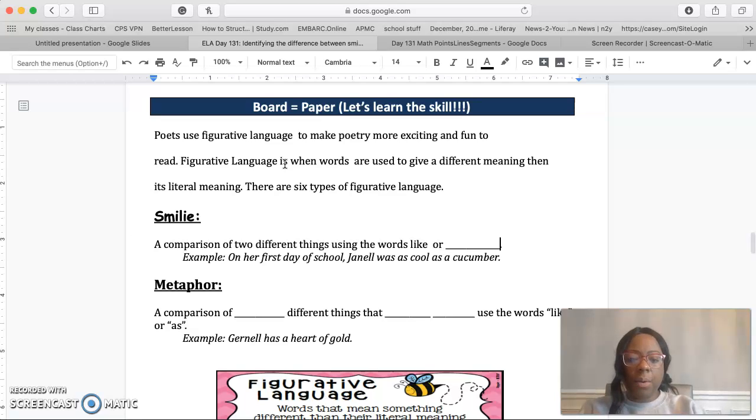Now, we're comparing Janelle to a cucumber. Janelle was as cool as, we're going to bold that because that's important. It includes the word like or as.